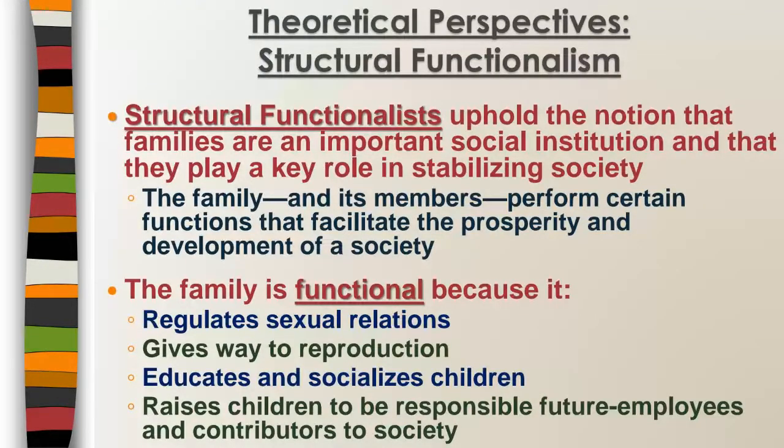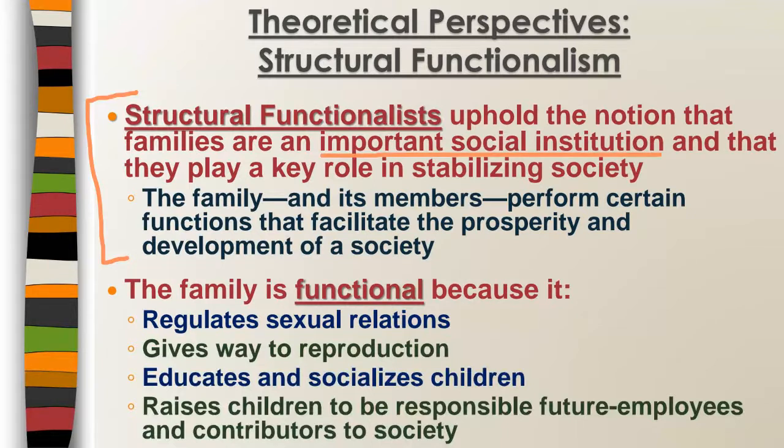All right, so let's turn to our big theoretical paradigms very quickly, and how they would think about marriage and families. Structural functionalists, remember, are institutionalists. The only thing that matters to them is the integrity of social institutions like the family. So they're going to uphold the notion that families are a very crucial social institution.